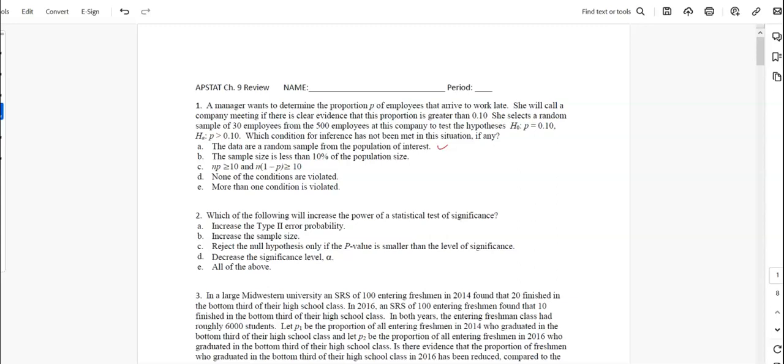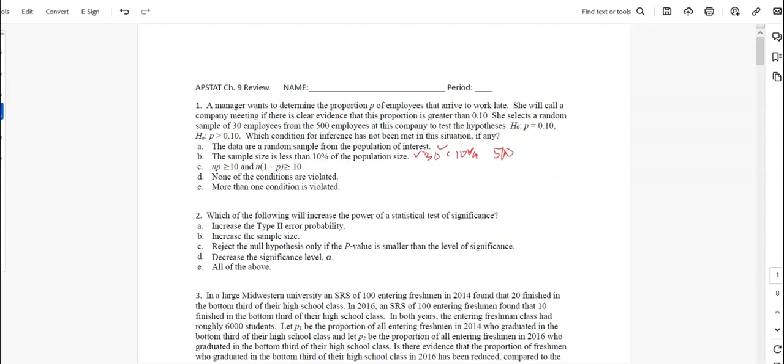So is that less than 10% of the population size? The sample was 30 employees out of 500, so 30 is less than 10% of 500 employees. So that condition is checked. Let's do np and nq here.